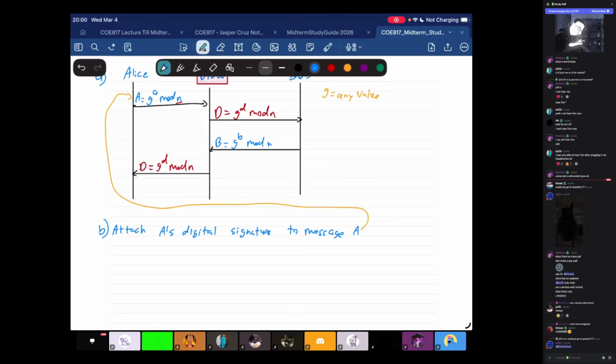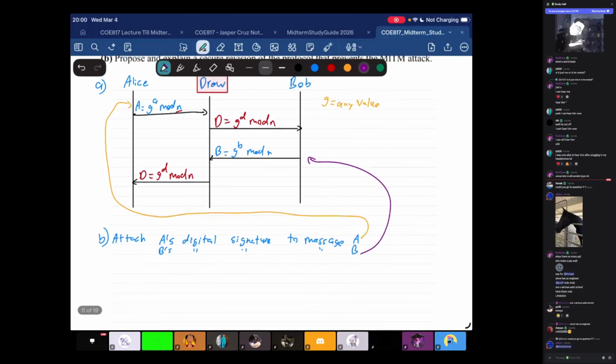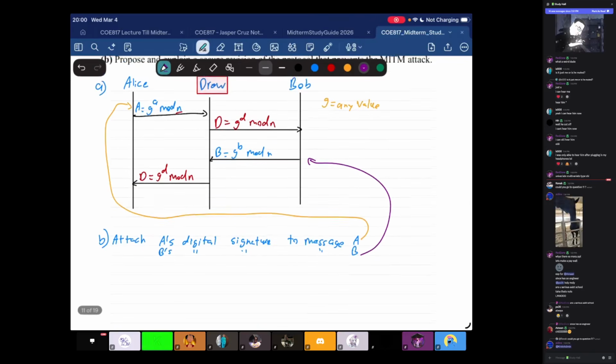And same thing with B: B's digital signature to message B, when Bob is sending the messages back out to Drew, to the insecure network.